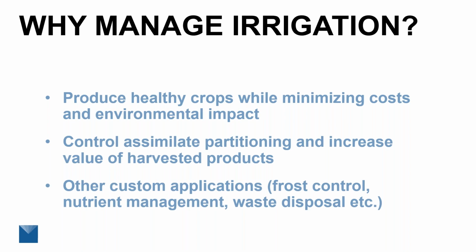Now, if we look at irrigation management at a deeper level, crops respond to water deficits in complex ways. We understand some of those ways now, and we can use those to control deficit irrigation to have an effect on assimilate partitioning and other things in the plant.